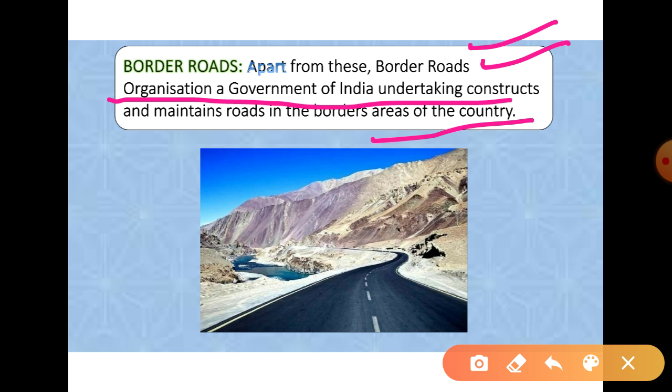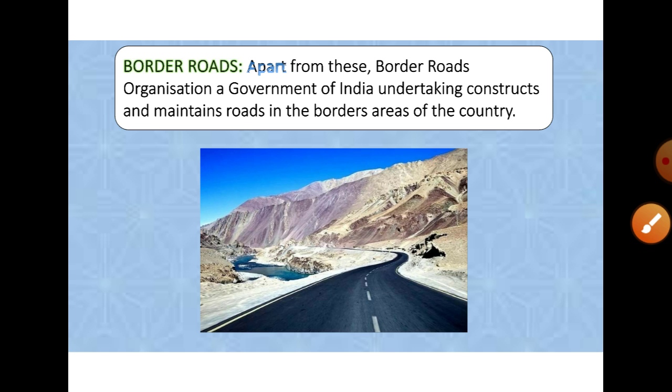It means the borders, especially the Indo-Pak border, Indo-China border and Myanmar border. Especially in the border areas, the main objective of these border roads is to improve the condition and give facilities and amenities to the interior areas of the border. So by border roads, we can improve the condition as well as give facilities to these interior areas of the borders.